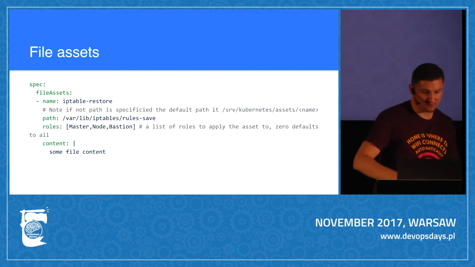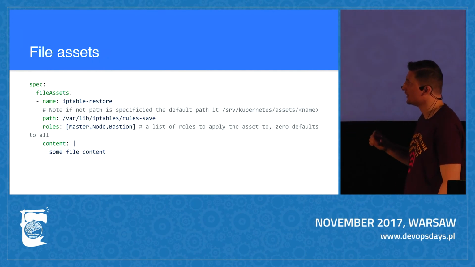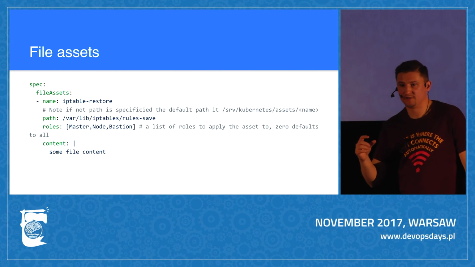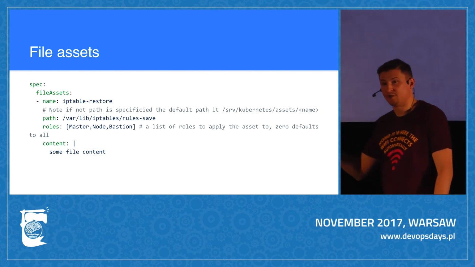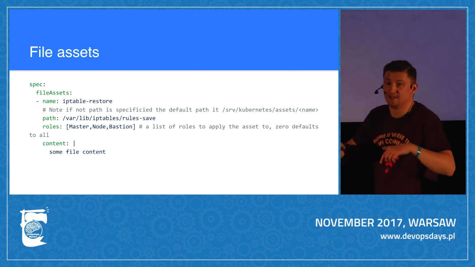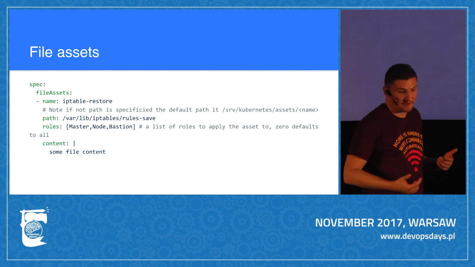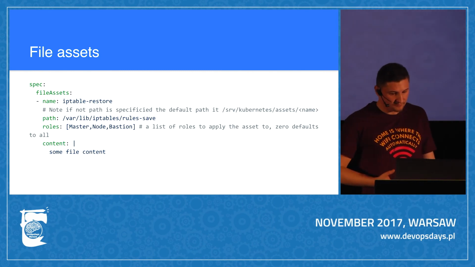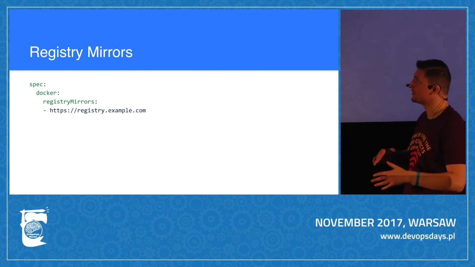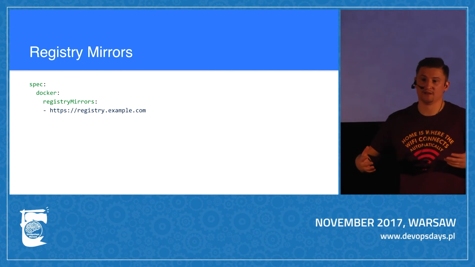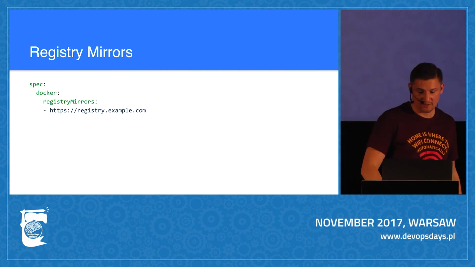So one option is file assets. They allow us to put the content of the file we want into the cluster specification. This can be used, for example, for CoreOS to disable automatic upgrades if you are not familiar with or do not like that way of managing infrastructure. We can also use the registry mirrors feature to provide trust of our internal mirror.